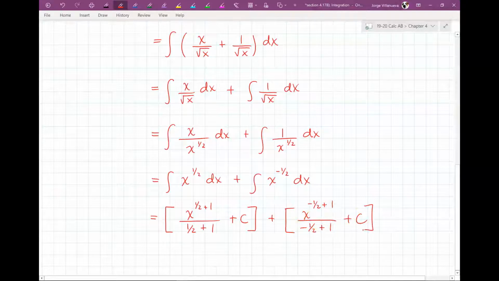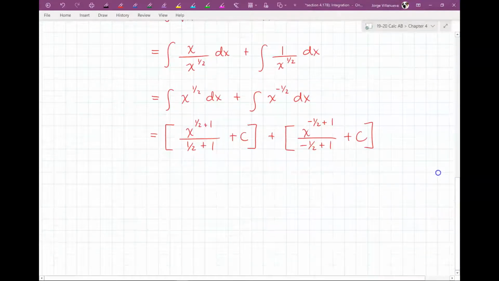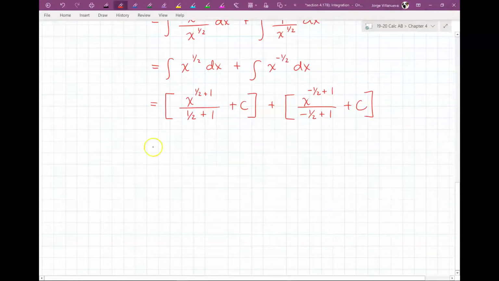Now remember, these constants will just join up together, so I'm going to get rid of them on the next step and just make one c instead of two different c's. But let's go ahead and simplify those fractions. I'm going to write them out the way most people will, and then we'll fix them later. Usually I just fix them right away, but let's do it the way most people will attack this.